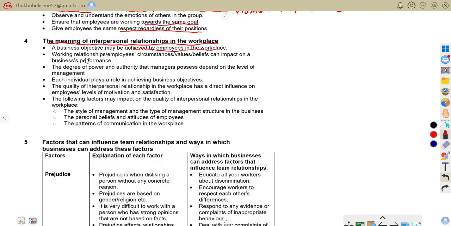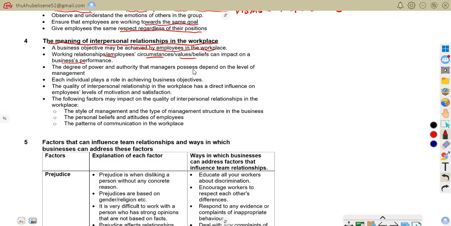A working relationship, or employee circumstances or values and beliefs, can impact business performance. Conflicts reduce productivity.